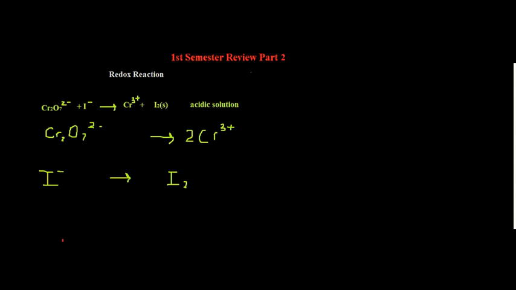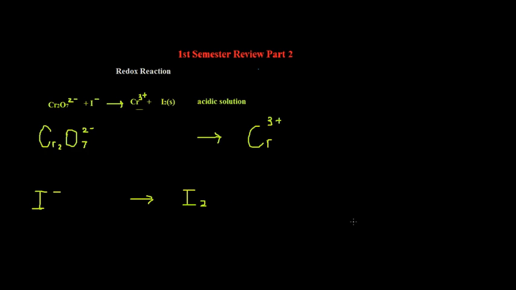In this case, we have one iodide on the left side. After writing the half reaction of each, you could basically balance the elements, just the elements, not the actual charge itself. There's two chromiums here.